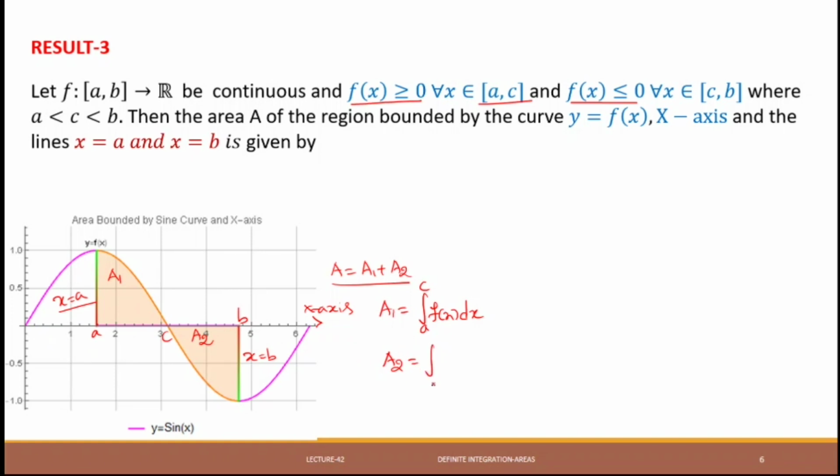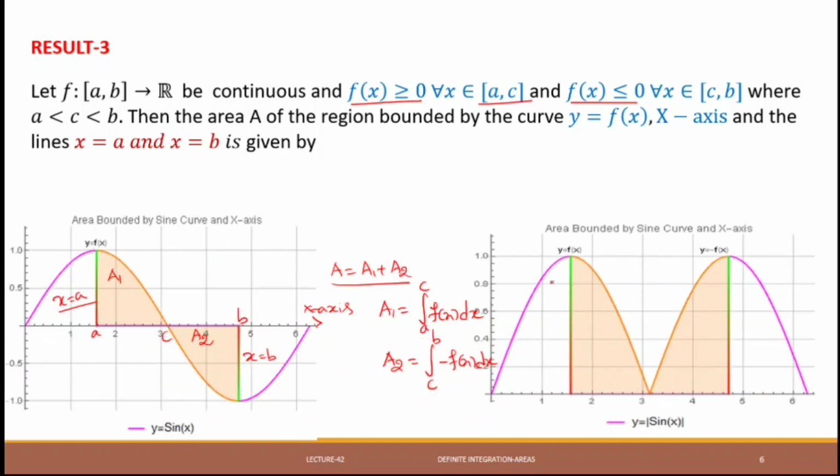So what does the second result say? This area can be found using the integral from c to b of minus f(x) dx. So graphically, what you need to do is this portion of the graph needs to be reflected and then find the area. So here is the reflection: this is area A1, and upon reflection this is my point c, and this is a, and this is b, and this is f, and this is minus f.